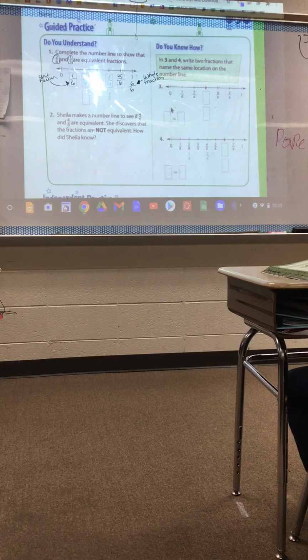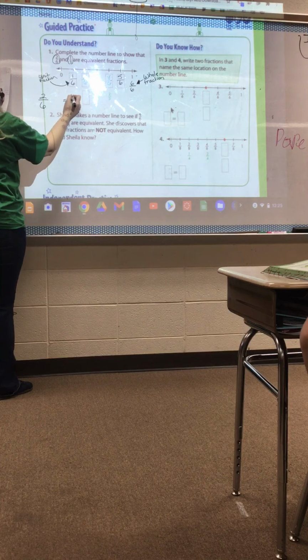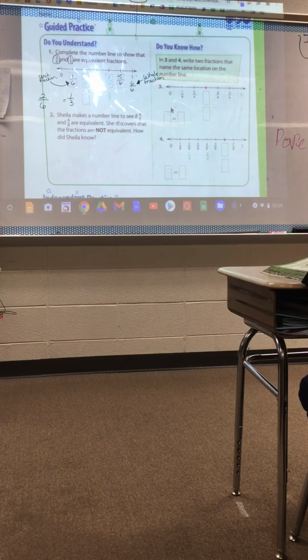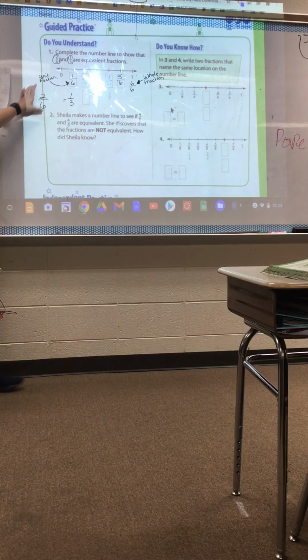Okay. Now we've got to prove that 2/6 and 1/3 are the same thing. So we have 2/6 and we've got to get it to 1/3. What am I going to have to do? If I have a big number and I'm going to a small number, am I multiplying or dividing to get to that small number?